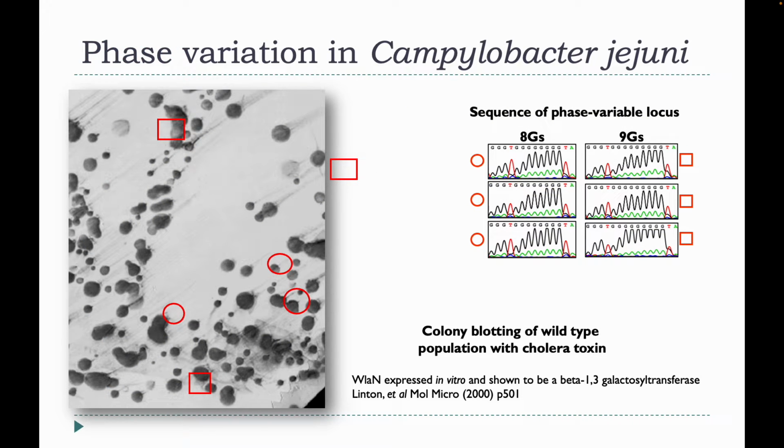So here's an example from my career where we sequenced Campylobacter jejuni as part of the team that did that, and my friend Brendan Wren followed this up by showing what you get in many places in the Campylobacter jejuni genome is you get these so-called homopolymers. So you get 8 Gs in a row or 9 Gs in a row.